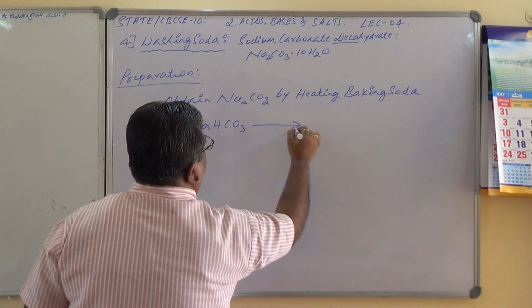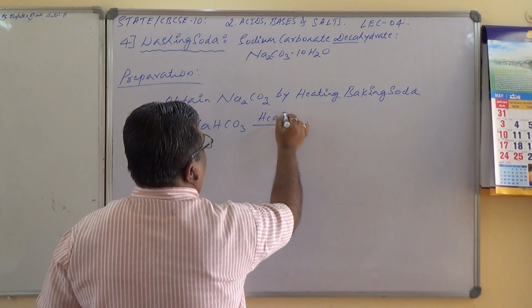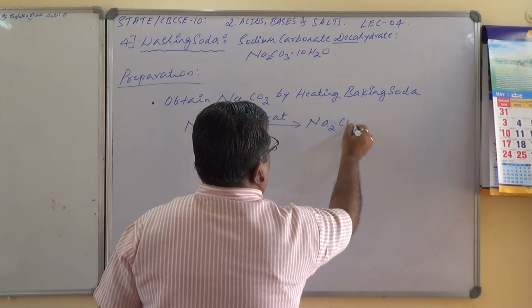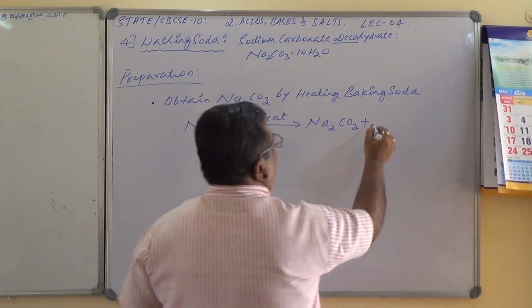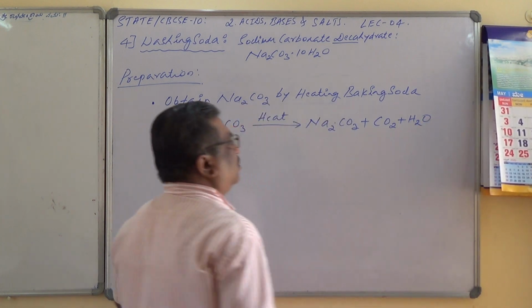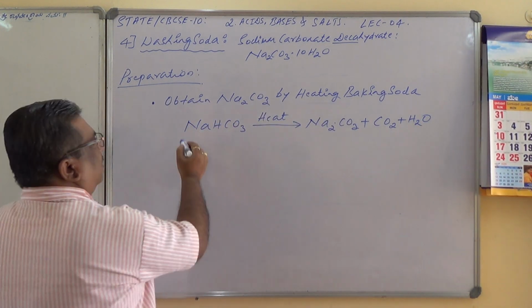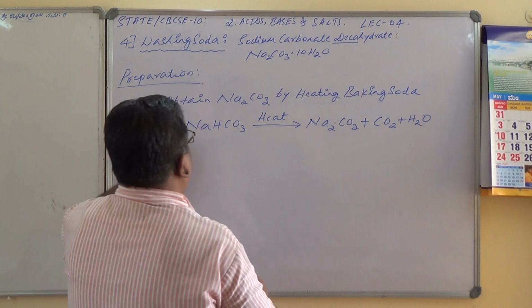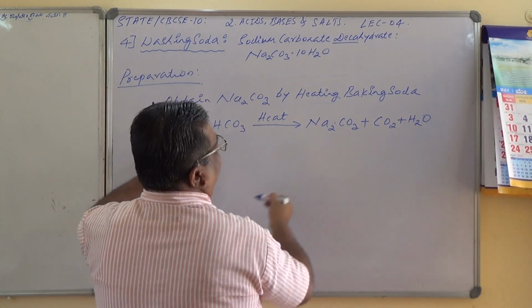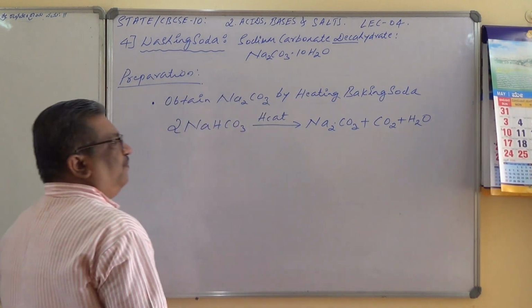NaHCO3, when it is heated, already you know this reaction, gives Na2CO3 plus CO2 plus H2O. Is it not the reaction? Balanced: 2 NaHCO3, 2C and 2H. It is balanced.